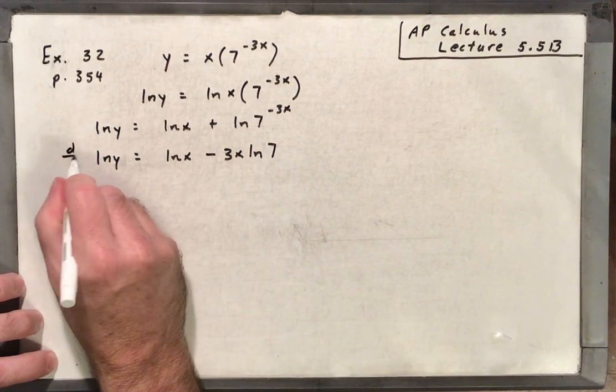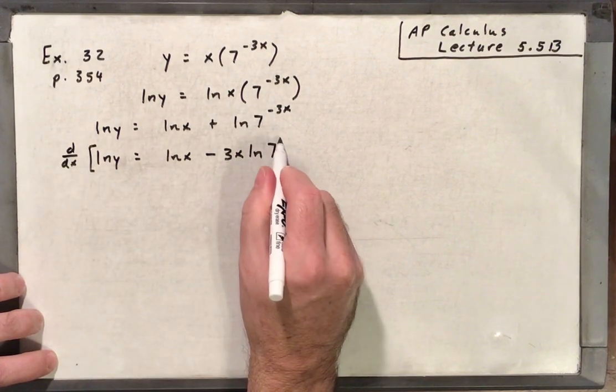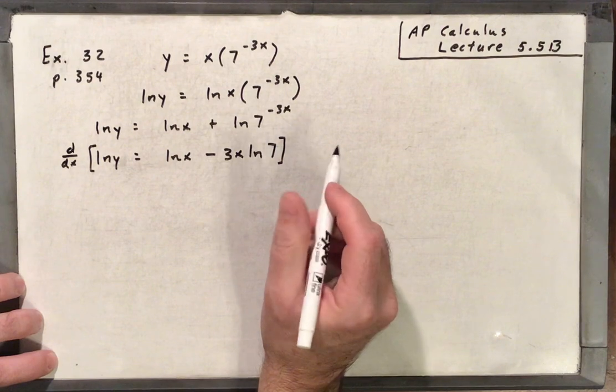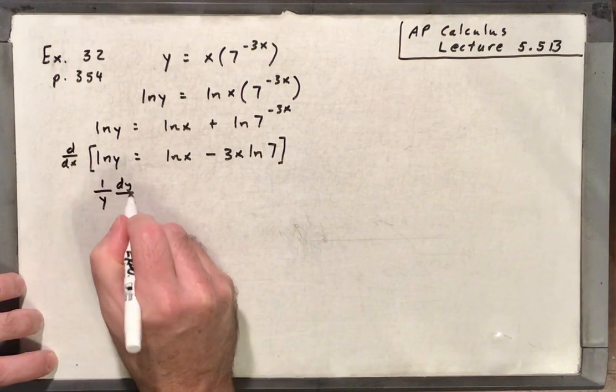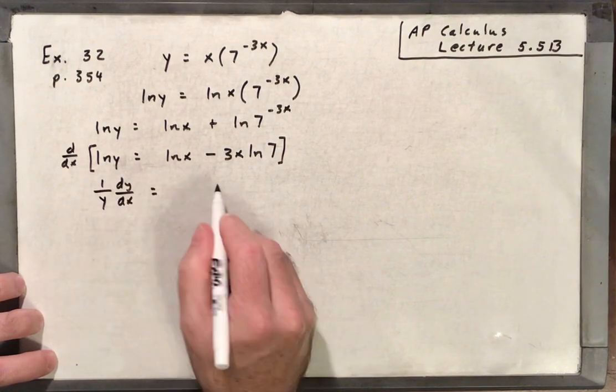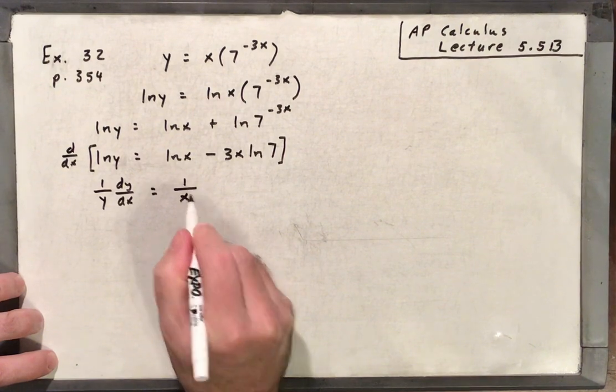Now we're going to take the derivative with respect to x. We have it nice and broken apart using the properties of logs. That's going to be 1 over y dy dx. Ends up the same every time, doesn't it? And the derivative of the natural log of x would be 1 over x.